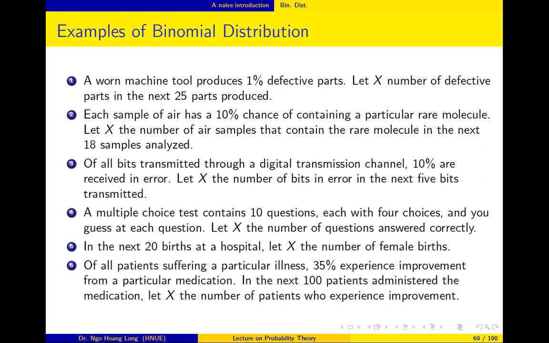Okay, because here we consider the defective part, so if we find a defective part, it means that we have a success. There are 5 other examples in the slide, and I hope you will study them all by yourself. For each example, please find the parameters of the binomial distribution.